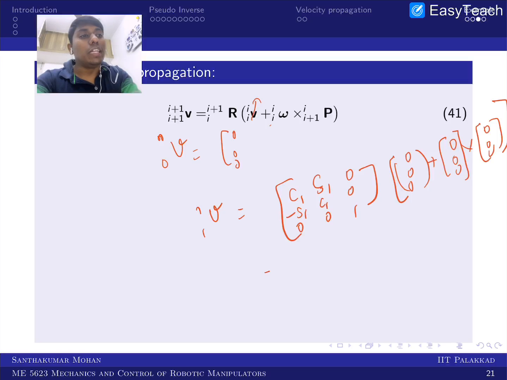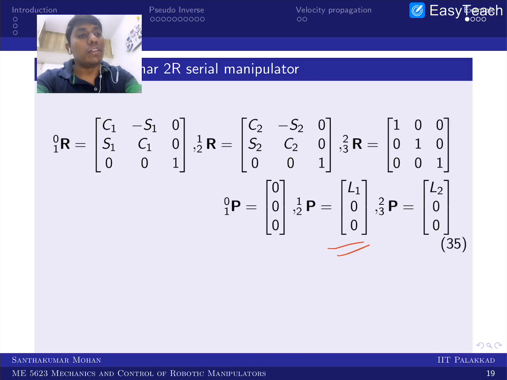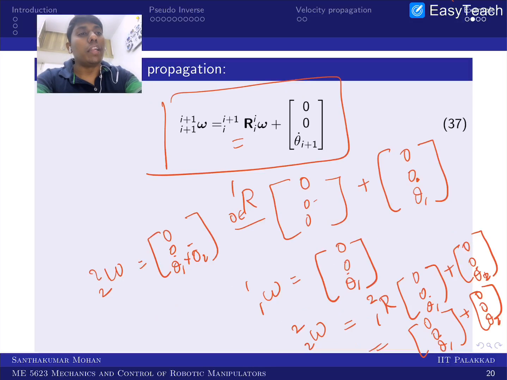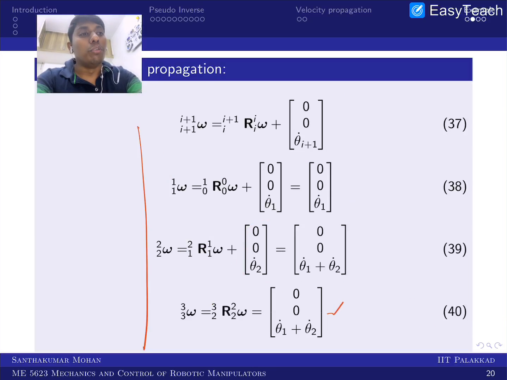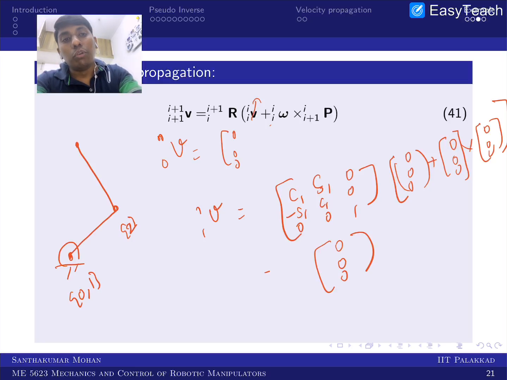So the whole thing is going to be 0, which you can easily justify, because this point is at the base and no linear velocity happens there, since frames 0 and 1 are the same point. Frames 2 and 3 will have linear velocity, and that is what we are interested in finding.